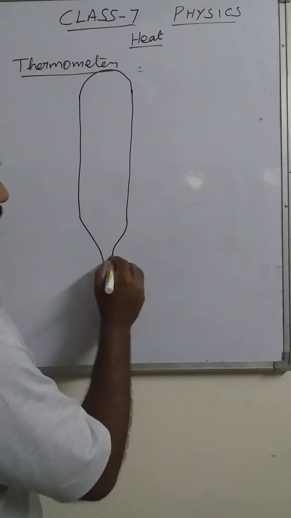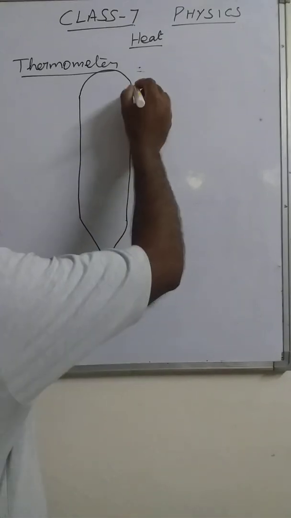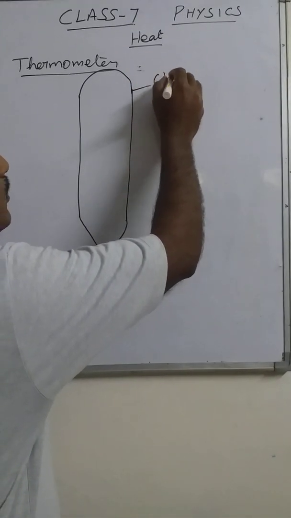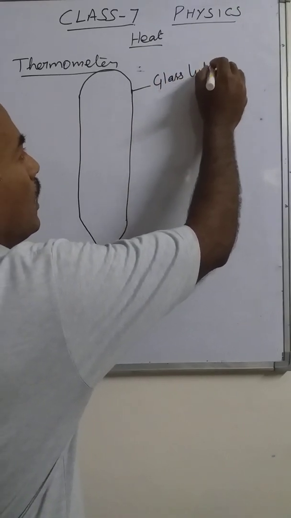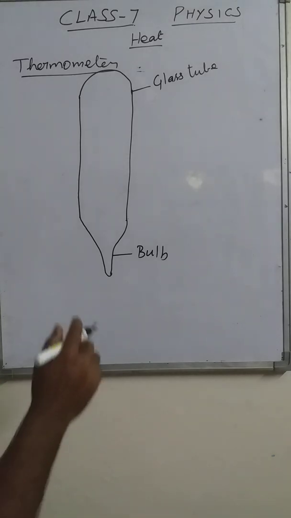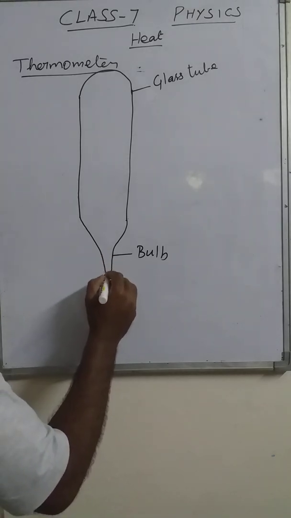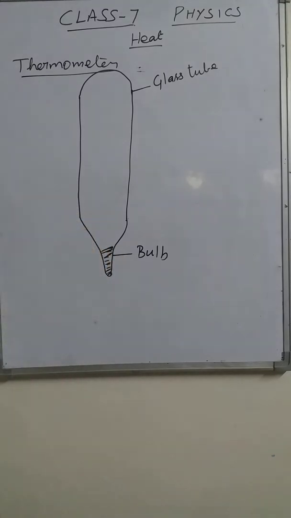This structure is known as the bulb. This is the bulb of the thermometer. This is the glass tube of this thermometer. And this bulb is filled with a liquid. That liquid is mercury. In this bulb, it is filled with the liquid mercury.